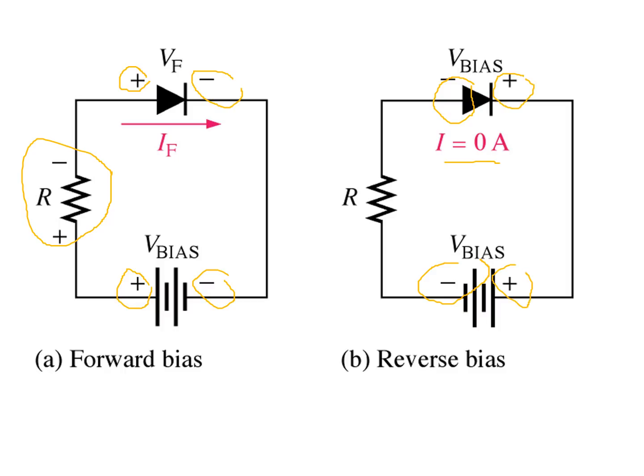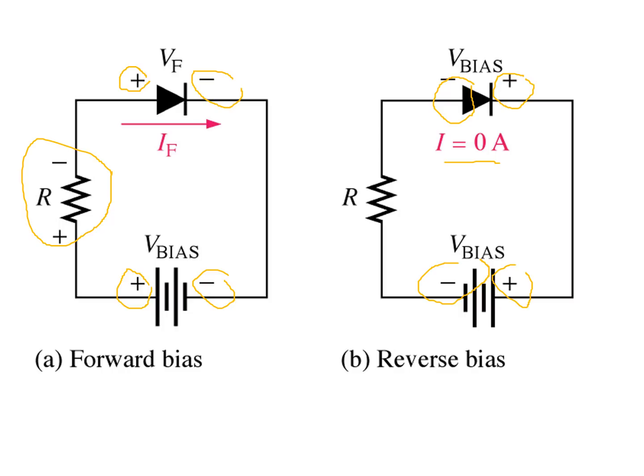A resistor is not necessary in reverse bias; it is shown for circuit consistency. The reverse current is extremely small and can be considered to be zero. Notice that the entire bias voltage V bias appears across the diode. So I equals 0 here, while in forward bias I equals the forward current.